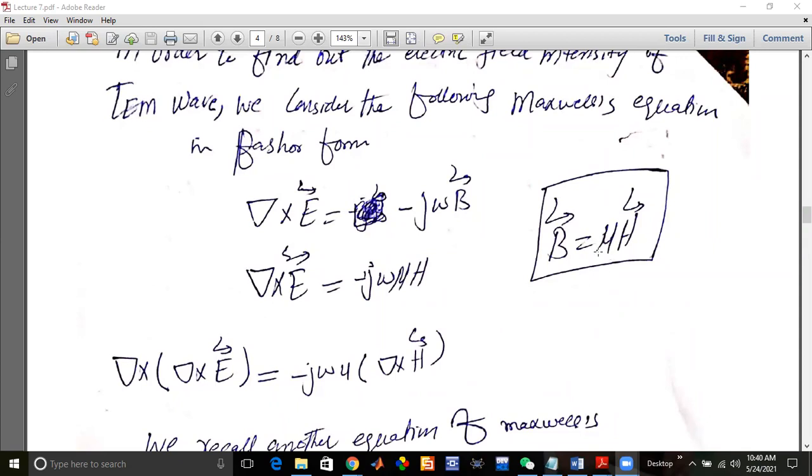So if we replace B by mu H, the equation becomes: the curl of the phasor value of electric field intensity E is equal to minus j omega mu H. You will write this here. So this is our equation 1.